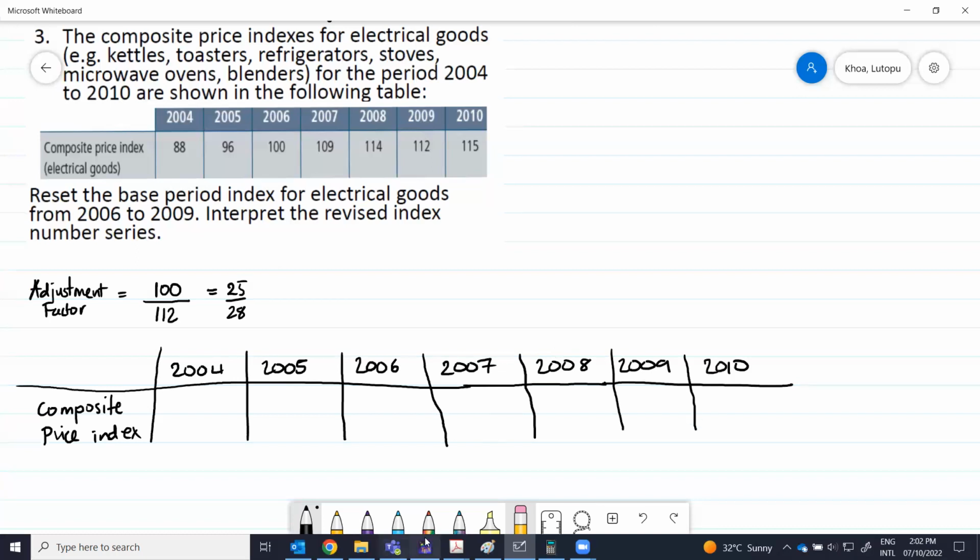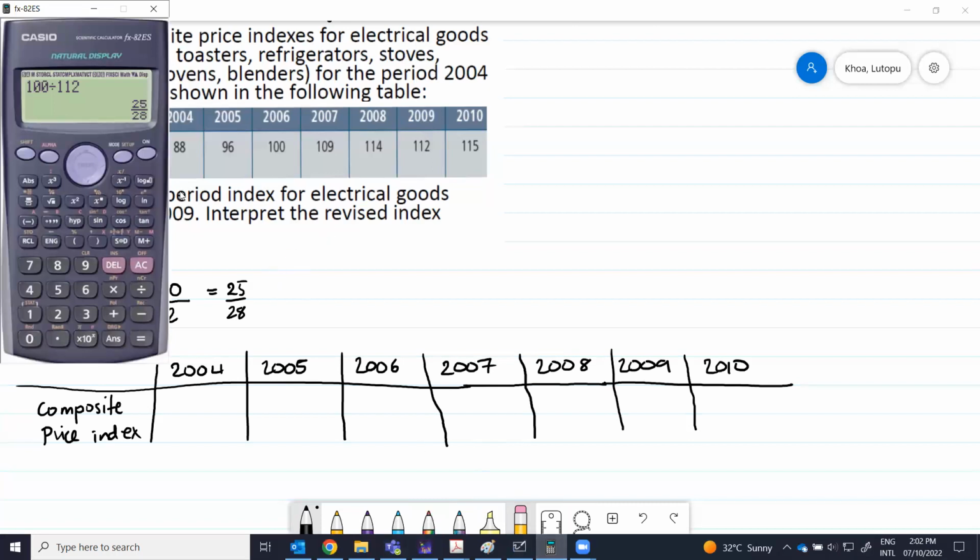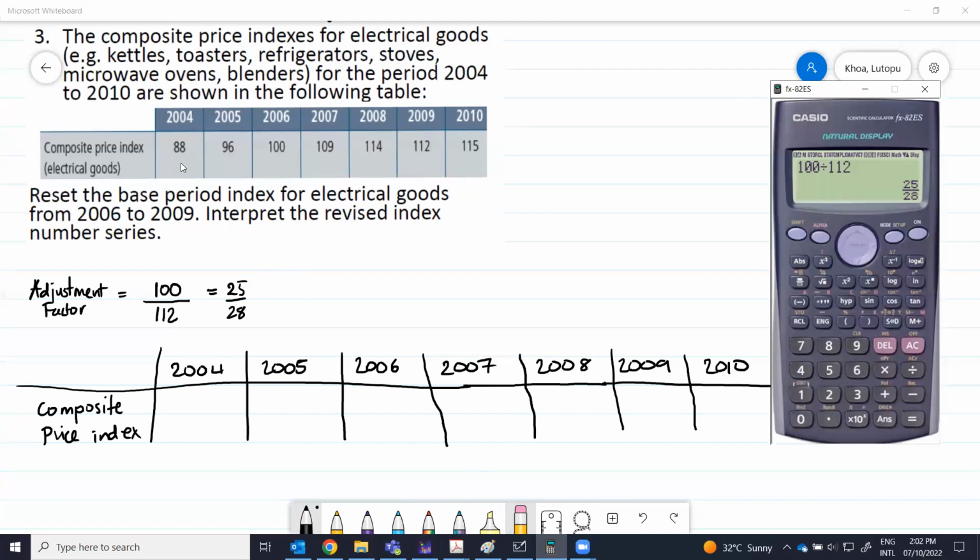Okay, so we take our calculators, then we just multiply. So we start with our first one, 88 times 25 over 28. This is 78.57.